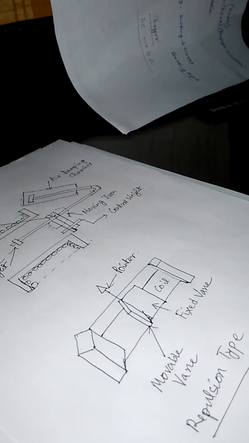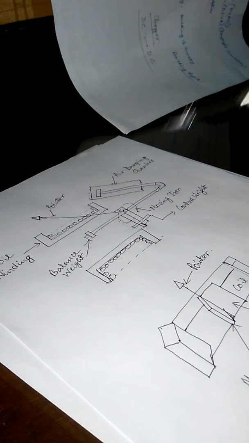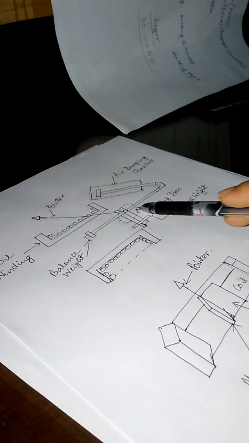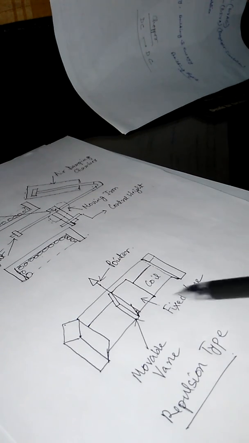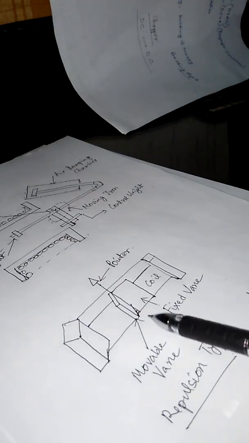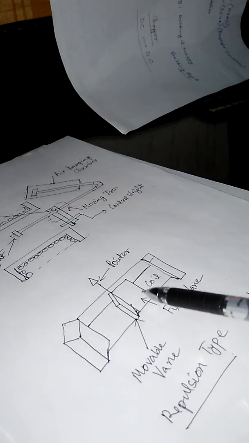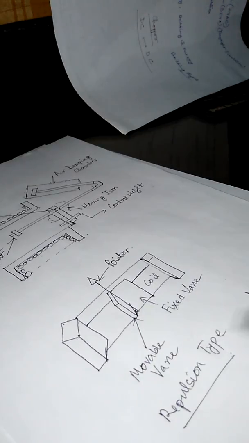So the basic constructional difference between the attraction type and repulsion type is that in the attraction type you see that there is only one piece of moving iron. But in the repulsion type there are two vanes. One is a fixed vane, another is a movable vane.